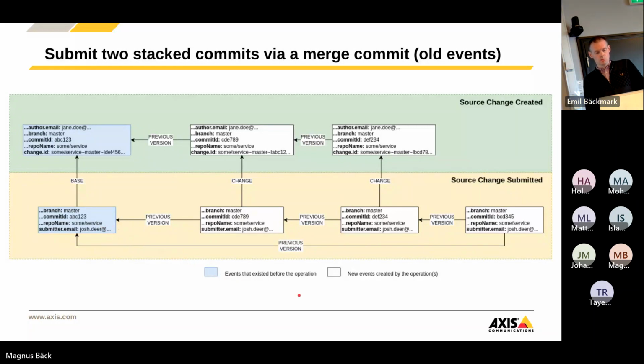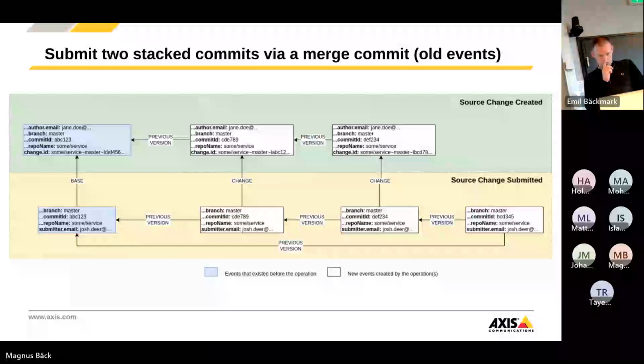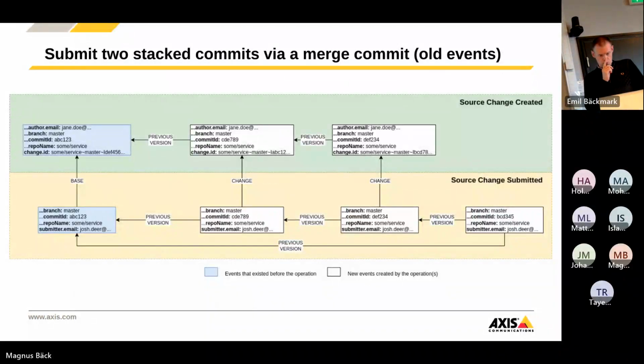Now, one problem with this is that, let's see, I'm thinking this correctly here. This is ambiguous in the sense that we don't know what states were there actually on the master branch.